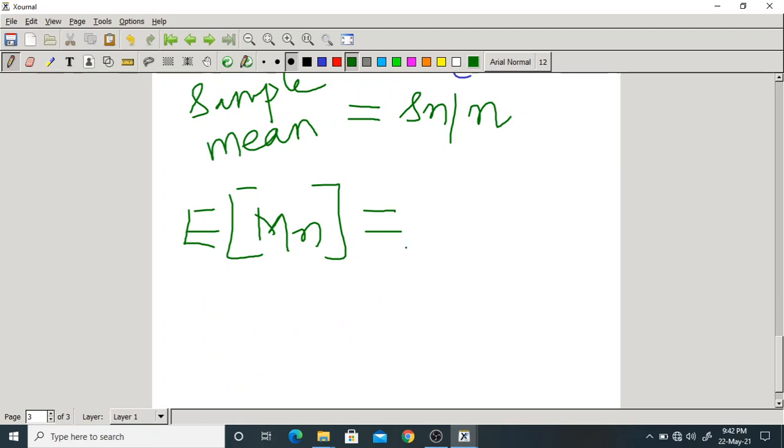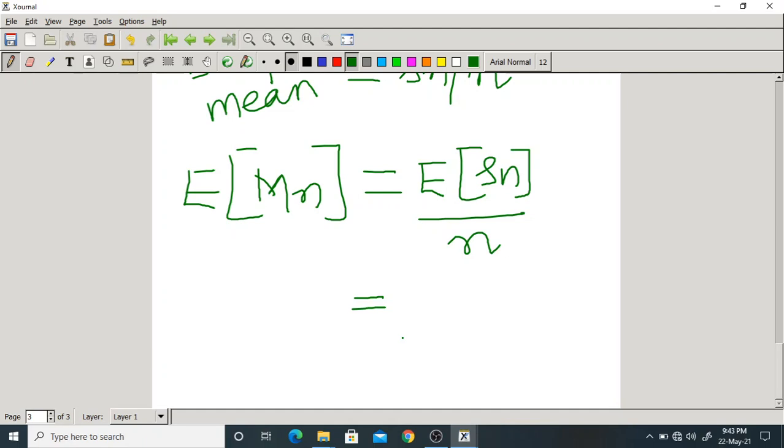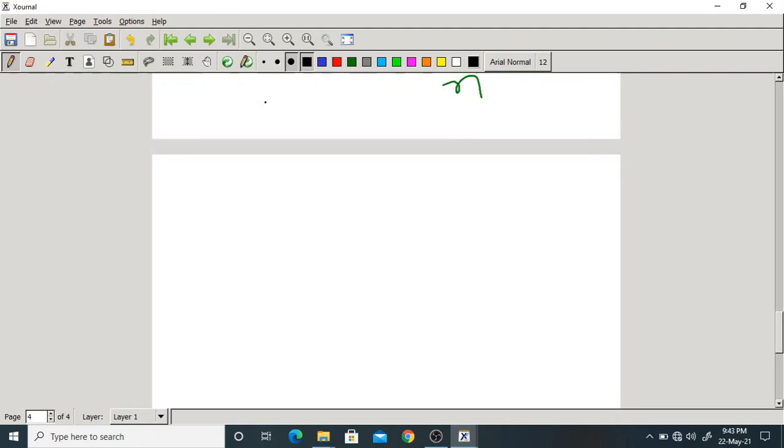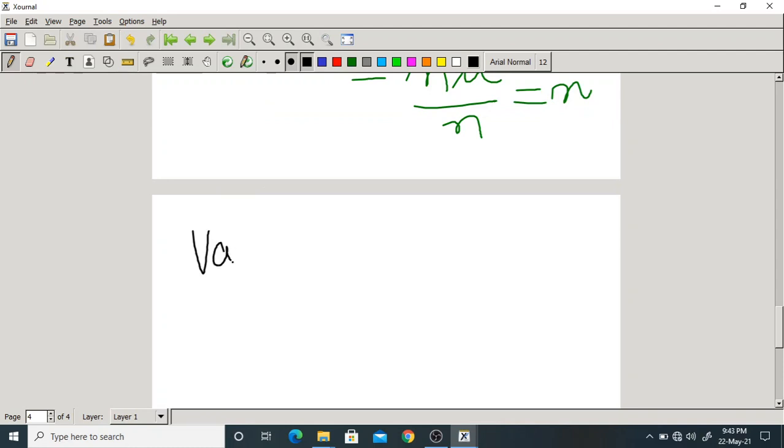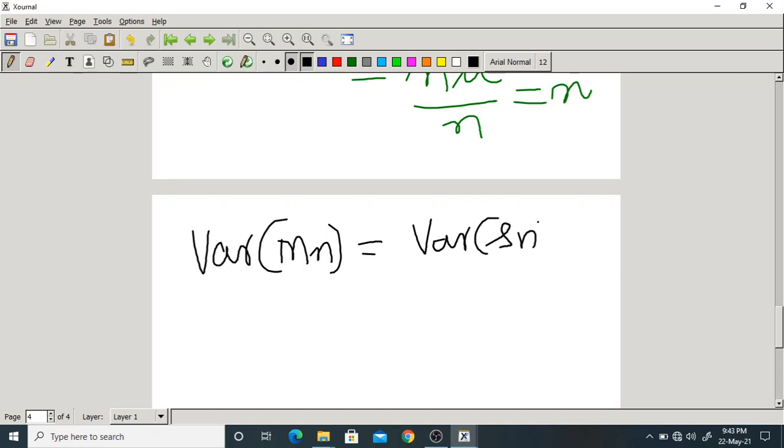So what is the mean of Mn? That is the expectation of Sn by n, isn't it? So this is n into mu by n, equal to mu. So what is the variance of Mn? It is the variance of Sn by n square.